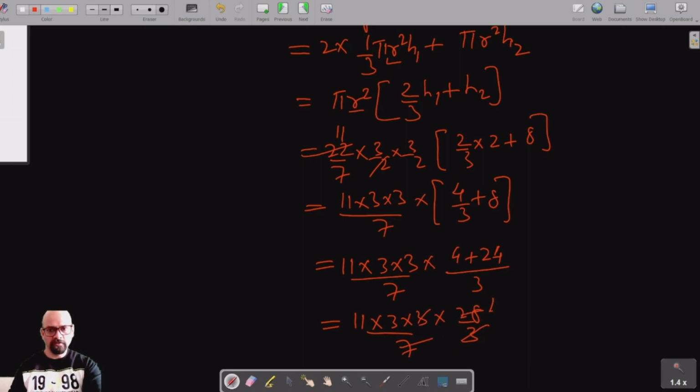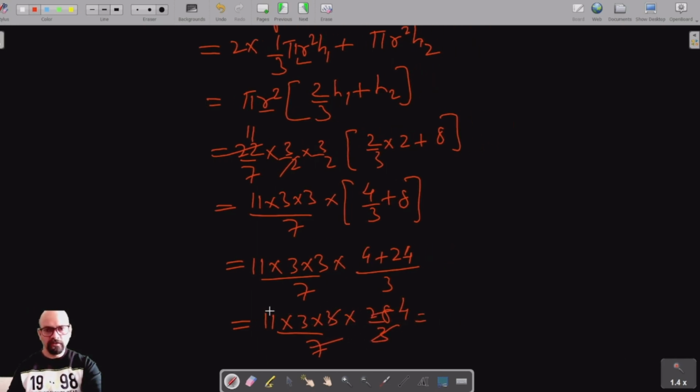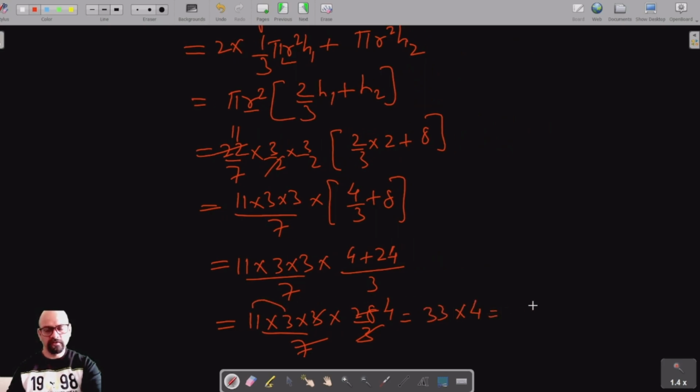This gets cancelled. 7 4s are 28. And it's 11 3s are 33 into 4, which is equal to 132 centimeter cube. So 132 centimeter cube is the volume of the air contained in this model.